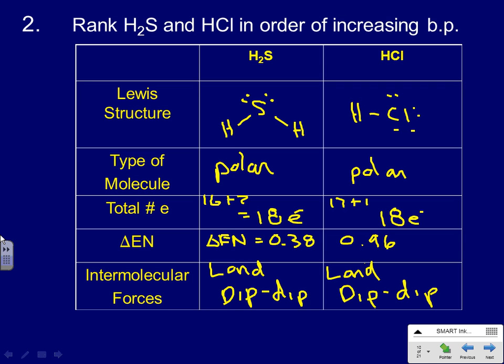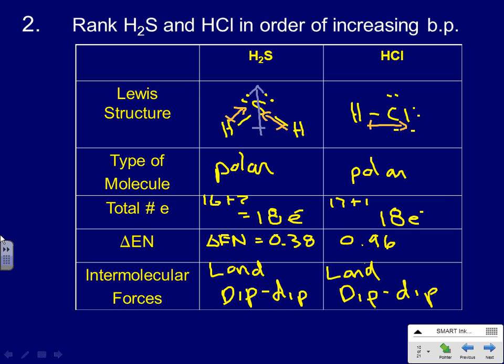So in this case, we've got a dipole that heads towards this way and heads towards this way, and so the overall dipole is a combination of those two that cuts through there. And in this case, the dipole is heading over to the Cl. And there's no easy way for us to calculate that blue dipole there, all right? Because you can't just take the delta ENs, turn them into vectors, and add them up.